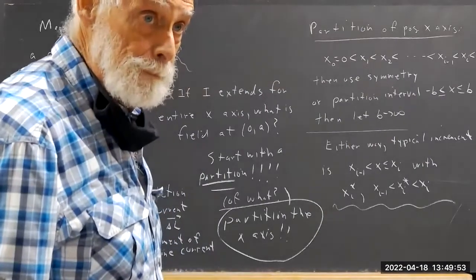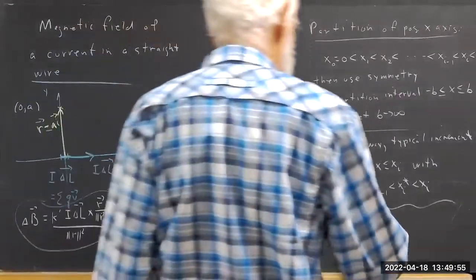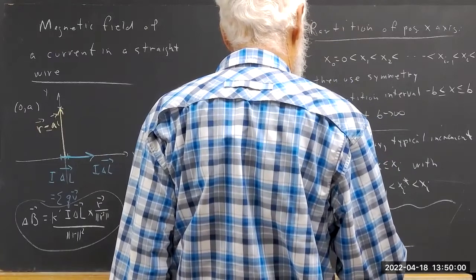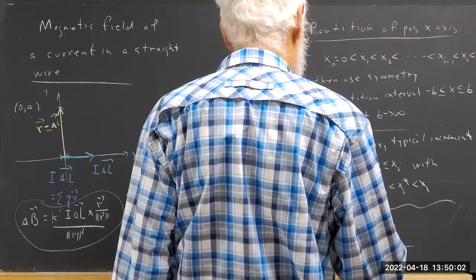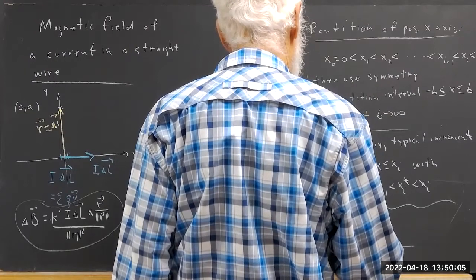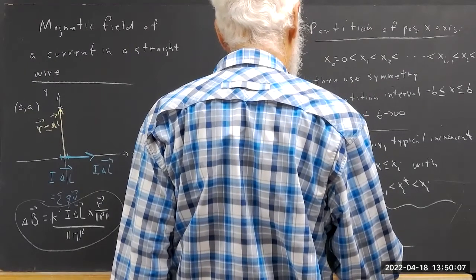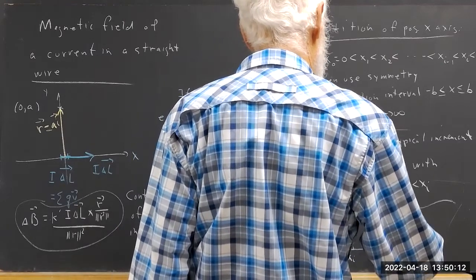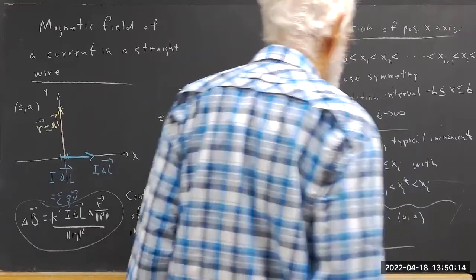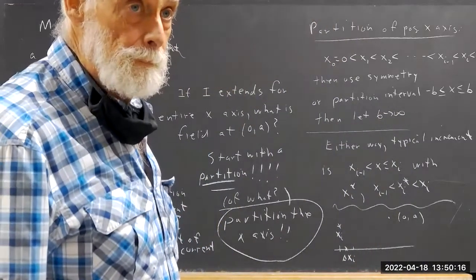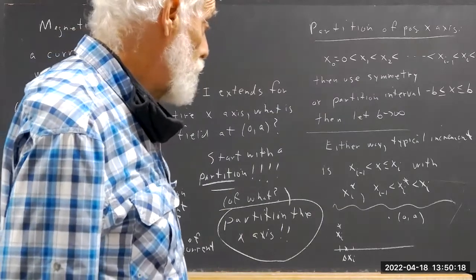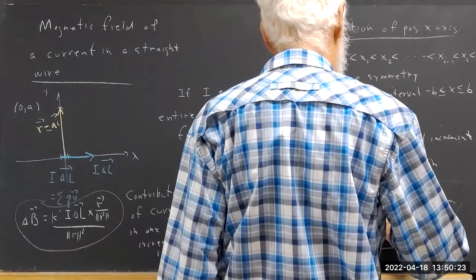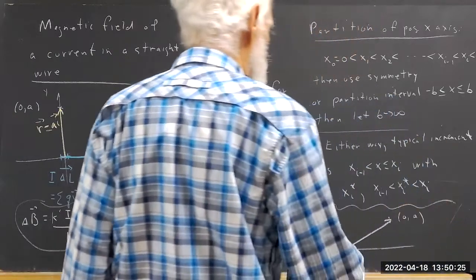Then the geometry is simply that you have a delta xi with an xi star, and you have the point 0a. All you need is your R vector. You kind of missed the point, but you get the idea.